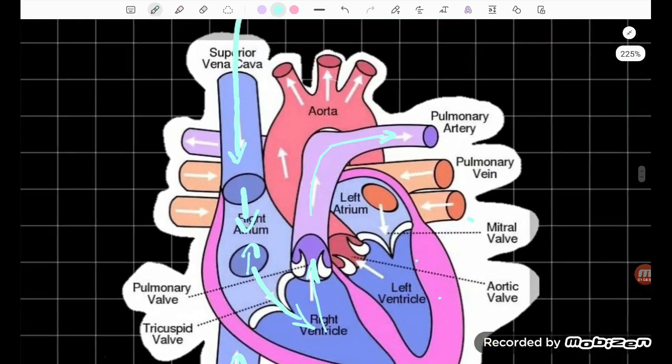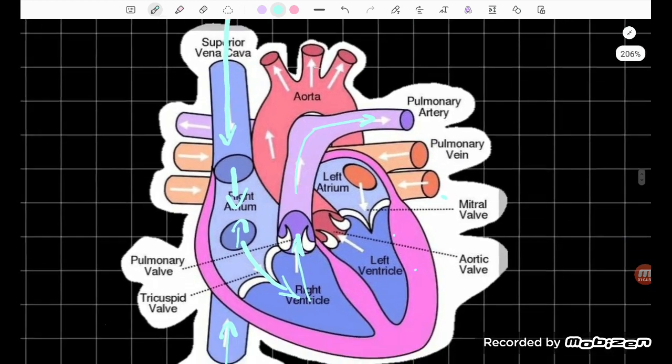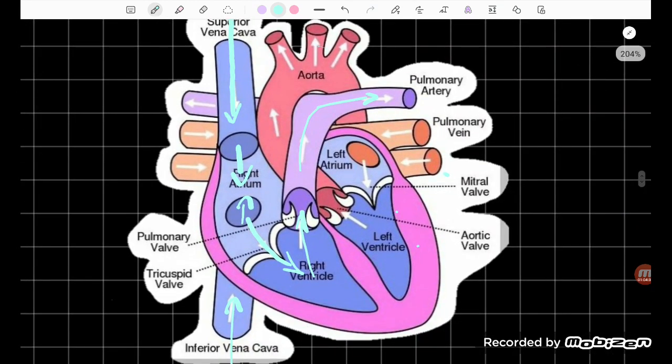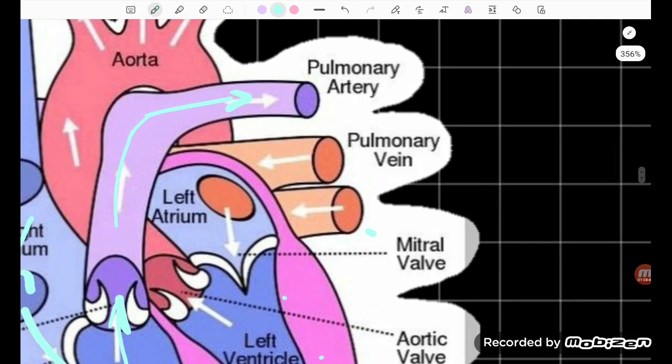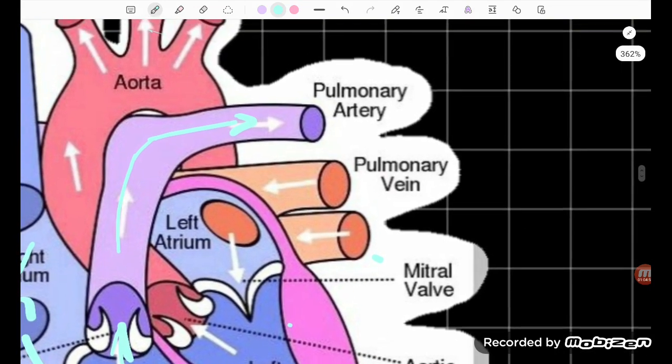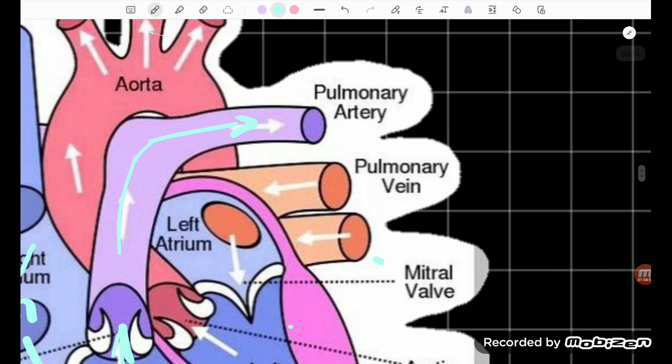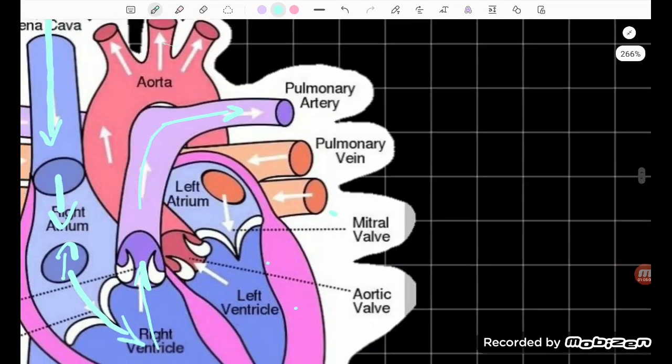Okay, yeah, this is where you get confused. Even I got confused. So veins are bringing it towards the heart. The arteries are always away from the heart.